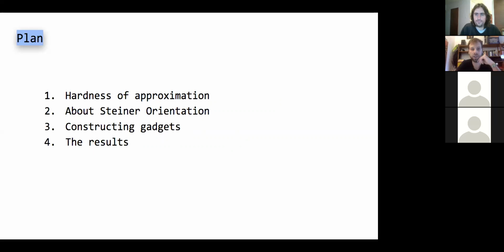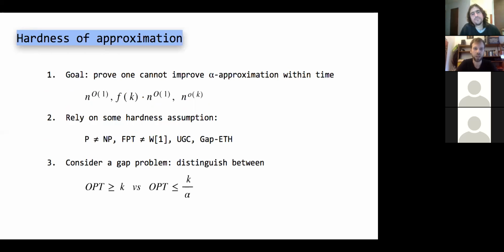And in the very end, I will talk about what the implications of that are. So this is maybe a bit non-standard schedule for a talk, but I hope this will provide a nice narration flow. So let's start with hardness of approximation.